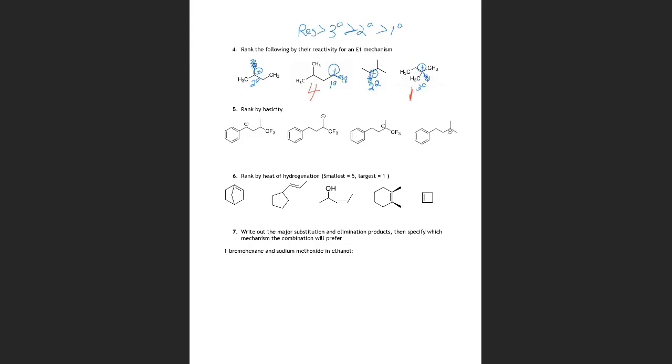For the secondary positions, we have a difference here. This one, I'm going to draw it, looks like this, whereas this structure looks like this. So we actually do have an extra methyl group here compared to this position.